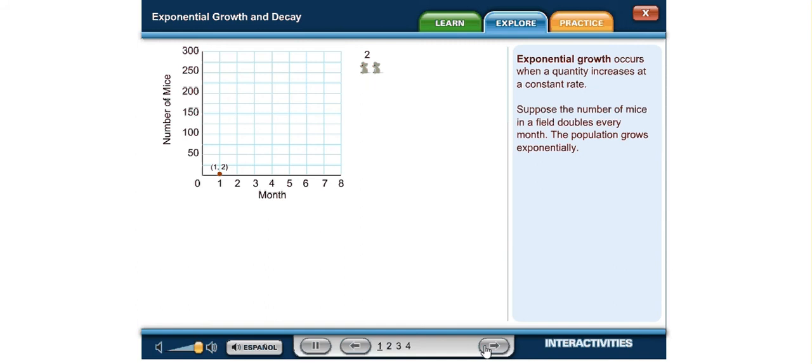Exponential growth occurs when a quantity increases at a constant rate. Suppose the number of mice in a field doubles every month. The population grows exponentially.